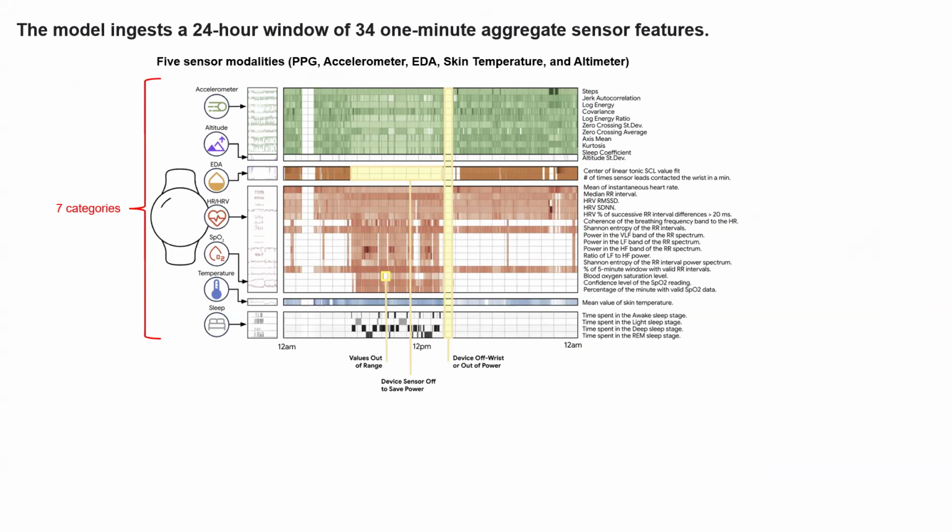From these, they have 7 categories, and using these 7 categories we have the 34 one-minute aggregate sensor features. If we look at the example, we can see that some of the data is missing, like when the device is off the wrist, the device is out of power, or the device sensor was off. So we will see how they deal with this kind of missing information.